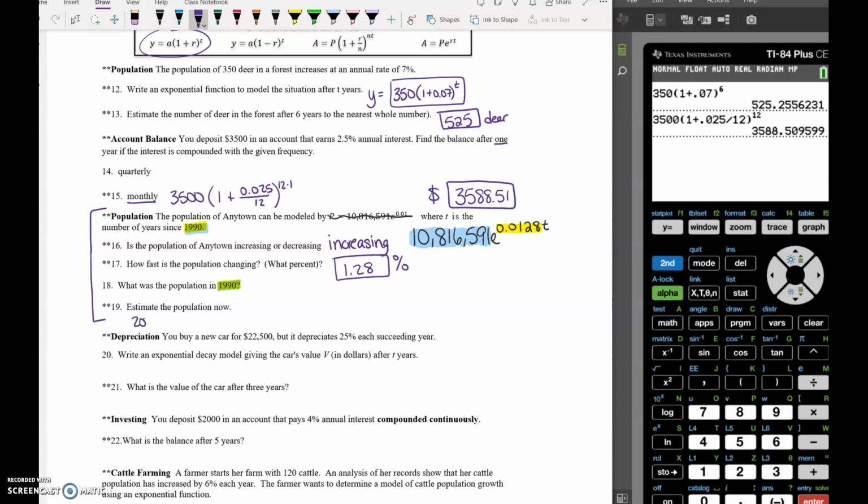Estimate the population now. Now is 2021, and this model started in 1990. So if we do 2021 minus 1990, that is going to be 31 years. So we're using T equals 31. So plug 31 in there. Type that into your calculator.